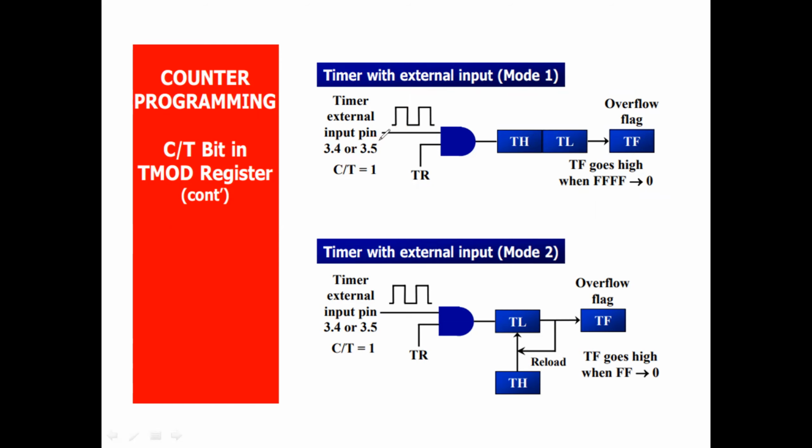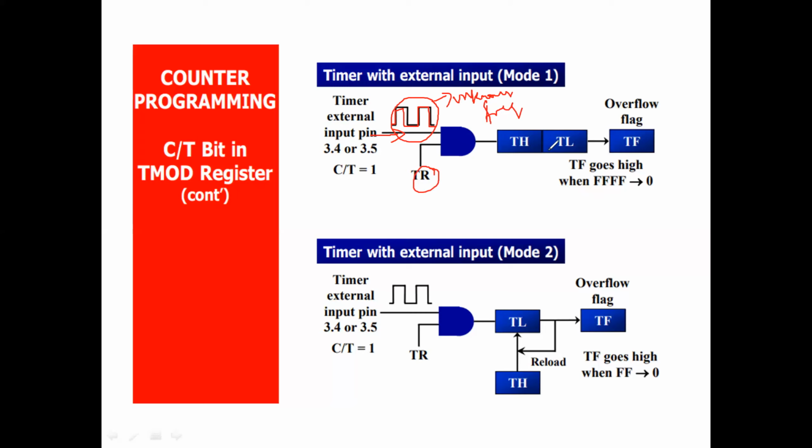Here we are going to get the clock pulses whose frequency you want to measure. From this we can find out the unknown frequency. We don't know what the frequency is here. So we take this frequency as an input to the timer block, and we start the timer.